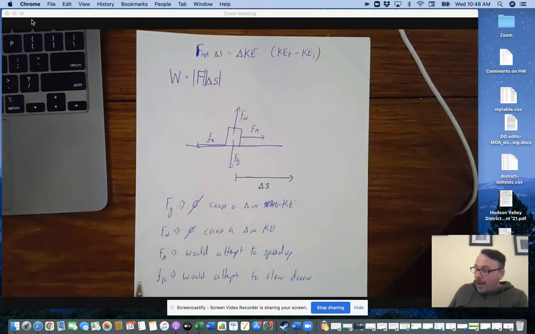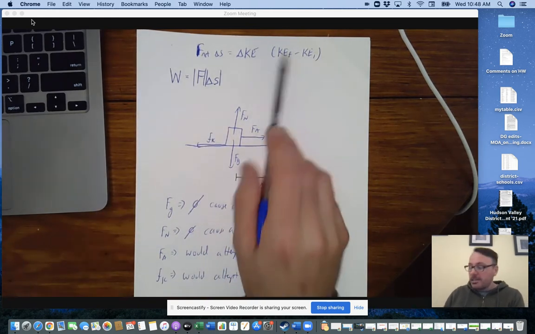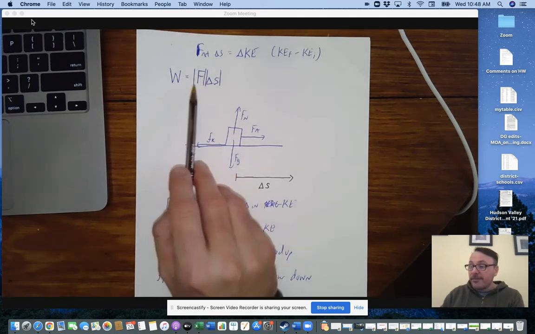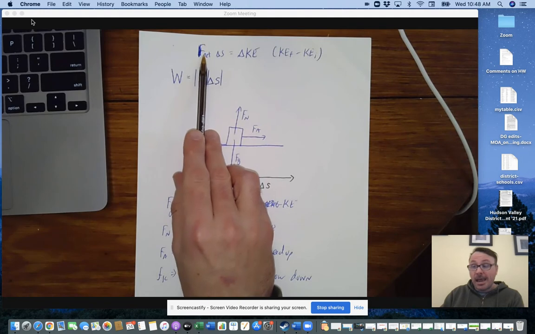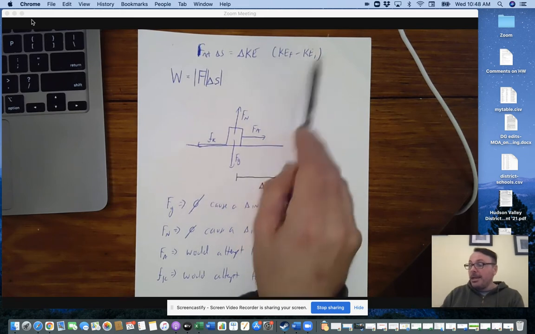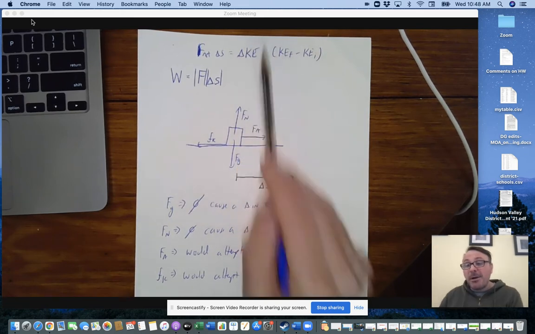So I would want the work of the applied force to be positive, so that this delta KE is positive. If the kinetic friction were the only force acting, let's say it's already moving, the final kinetic energy would be less than the initial kinetic energy, meaning that I would want this delta KE to come out negative.